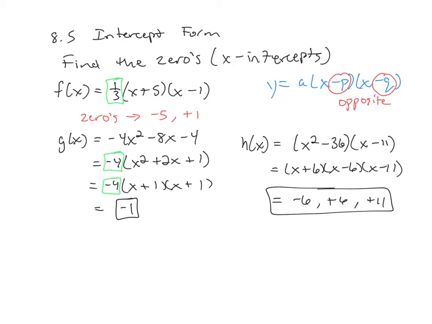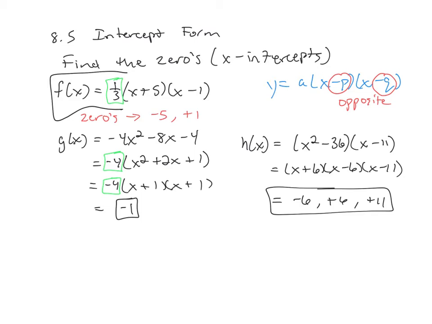Then you're going to have a second set of problems where you're going to match, and they'll all be in vertex form, or intercept form, and then you'll just have to find the intercepts of each one and match the graphs. So it shouldn't be too difficult. It's set up like this first one.